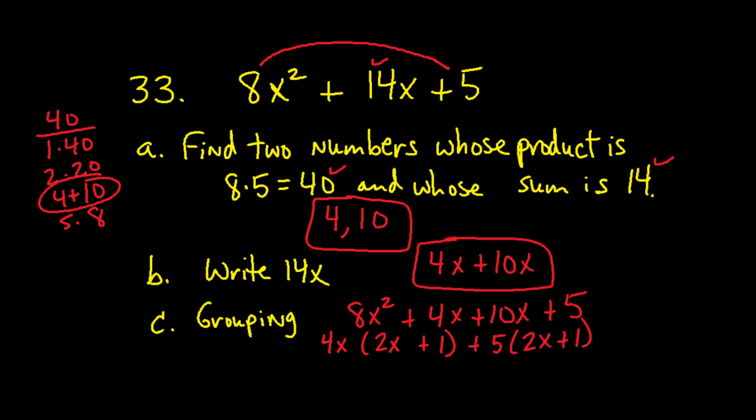So the final answer, after pulling out the 2x plus 1, is 2x plus 1 times 4x plus 5. So you might have been able to find out those factors using a different method, but for this problem, they're wanting us to go through all 3 steps.